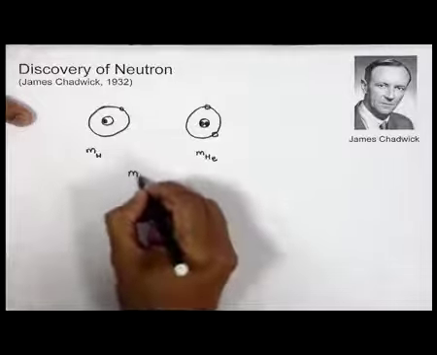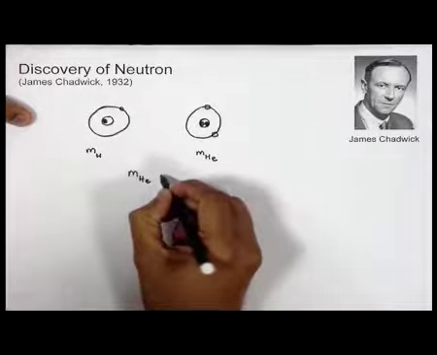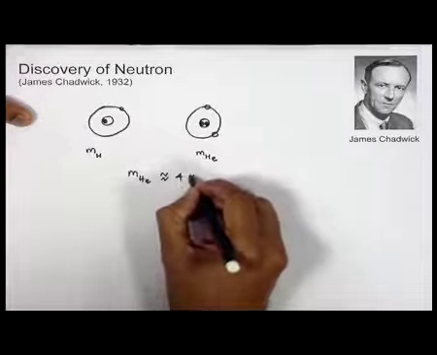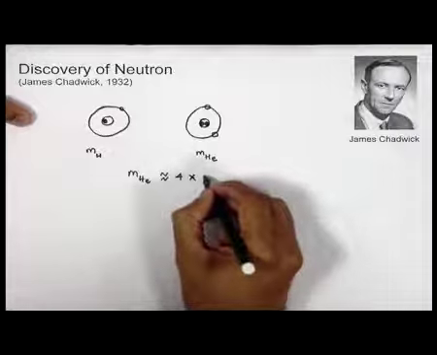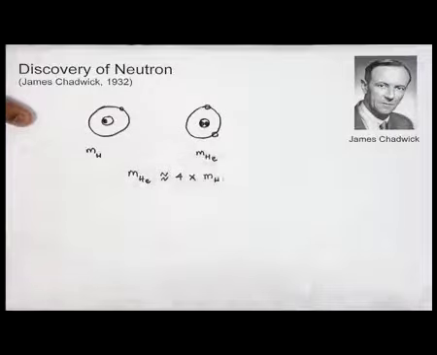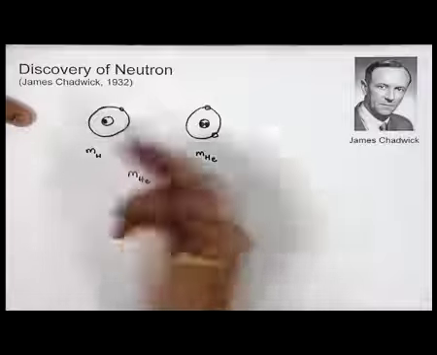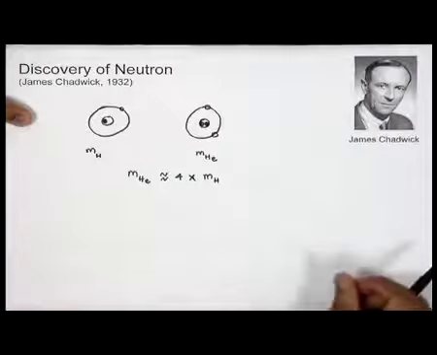However, the experiments showed that the mass of the helium atom is close to 4 times the mass of the hydrogen atom. That was surprising. Why should that happen? Where is it getting more mass from?